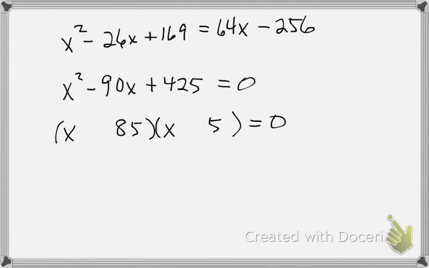And they will both be minus, so that they multiply to a positive 425, but add up to a negative 90x. So x equals 85, x equals 5.